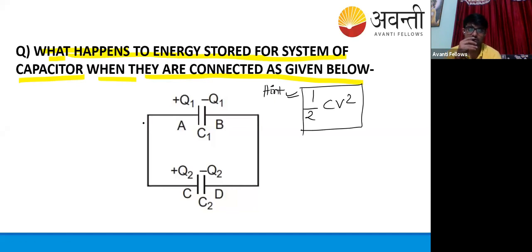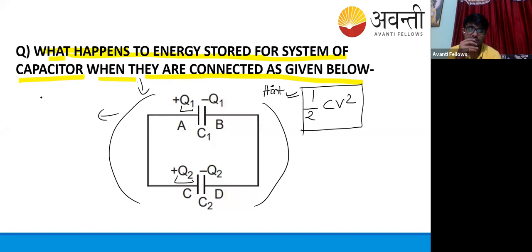So the energy stored in the capacitor is to be applied for today's system, this system, say the initial condition. Suppose initially it was connected, the charges were q1 and q2.